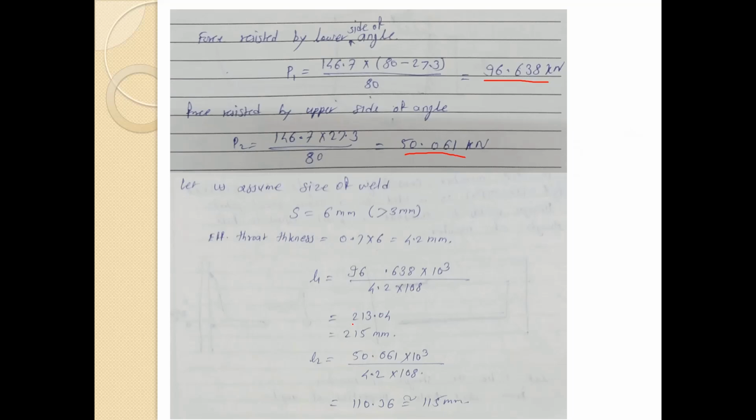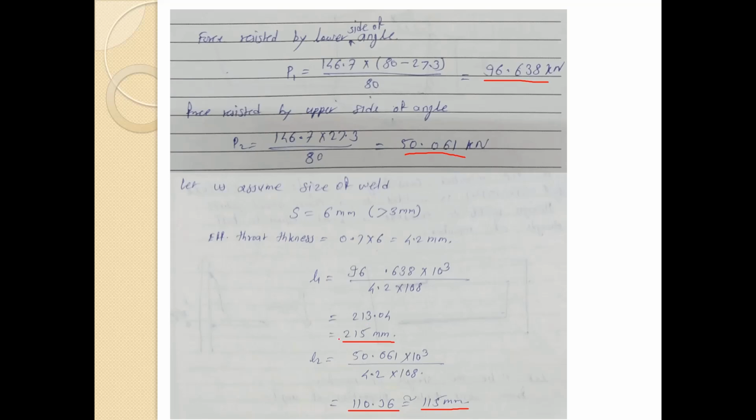So that becomes 213.4. We are providing 215. And this L2, which is for the force 50.061 into 10 raised to 3 divided by 4.2 into 108, becomes 110. We are having here 115 mm.